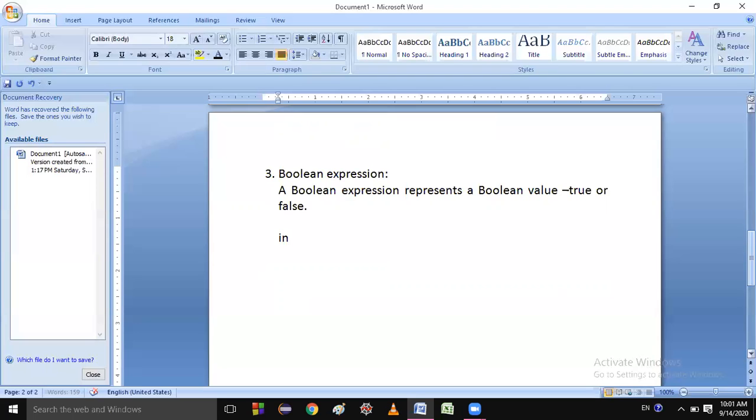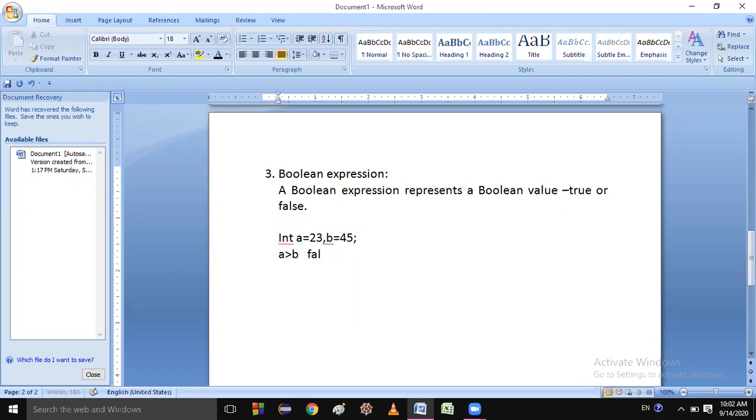If I write int a = 23 and another variable b = 45, and if I write a > b, you can understand that a is not greater than b, so it will return a false value.